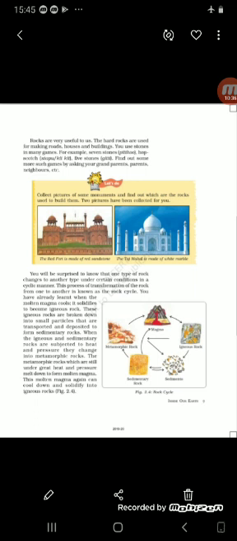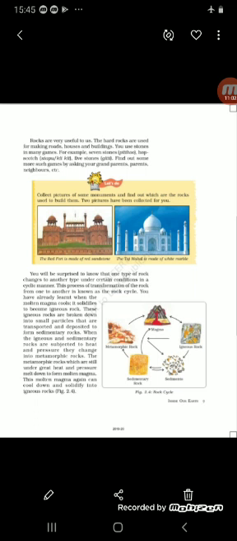You will not get surprised right now, isn't it? Because we have just gone through the transformation of rocks. We have already learned about transformation of igneous and sedimentary rocks into metamorphic rocks.